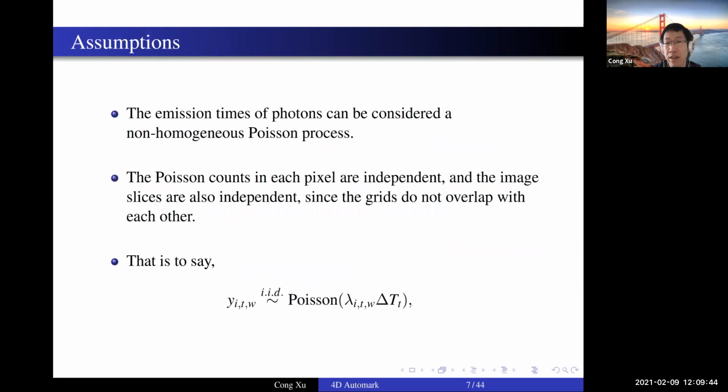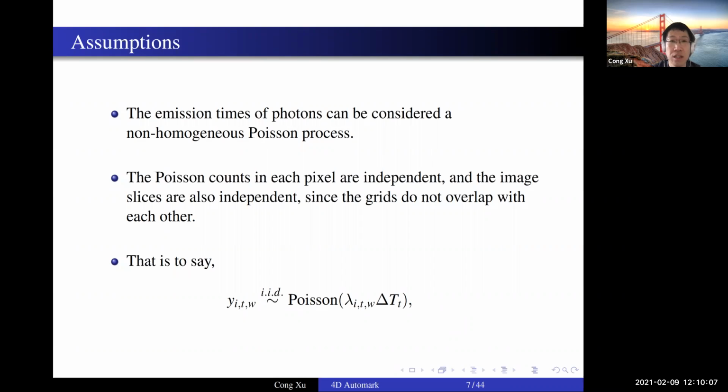Okay, so right now, that's the first step. Now we want to add some assumptions so we can model this whole process. The first one is pretty obvious. We assume that the emission times of photons can be considered as a non-homogeneous Poisson process.